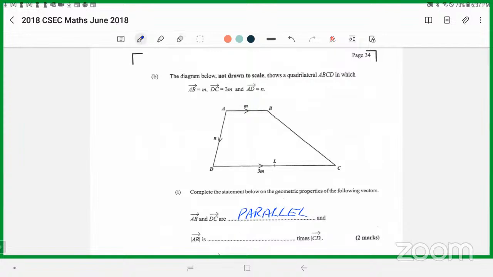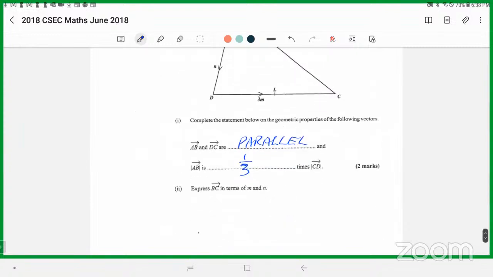A lot of people put 3 in the exam, but it's actually a third. 1/3 times the long one. That's it. Plenty of people put 3 right here in the exam, which is wrong. All right, beautiful. Next one.